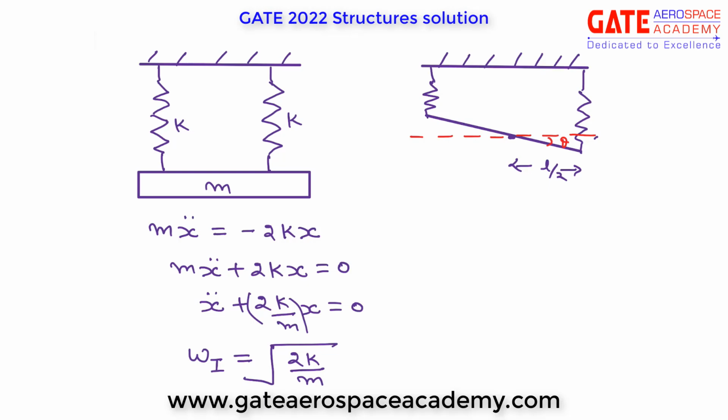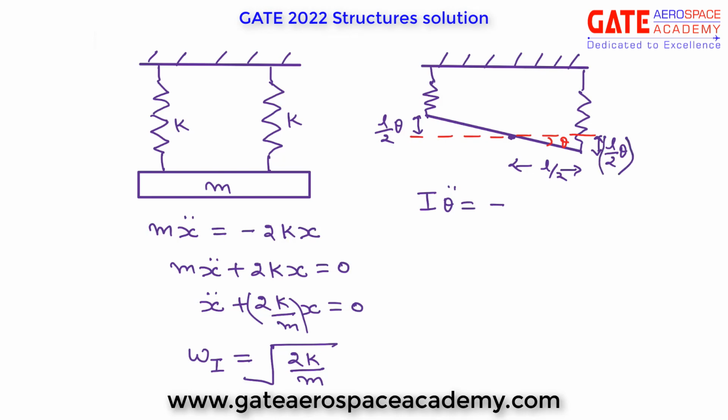So extension of spring will be L by 2 into theta for smaller angle approximation, correct? Here compression of spring will be L by 2 into theta, correct? So let's write the equation of motion. I theta double dot is equal to minus spring force will be K into this much distance.